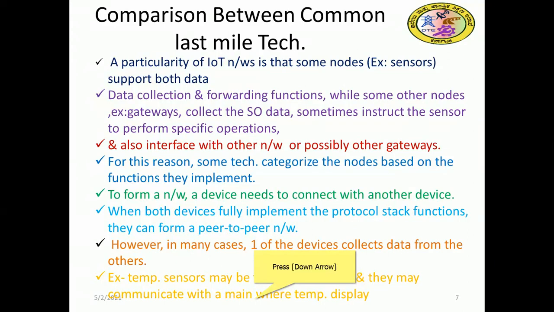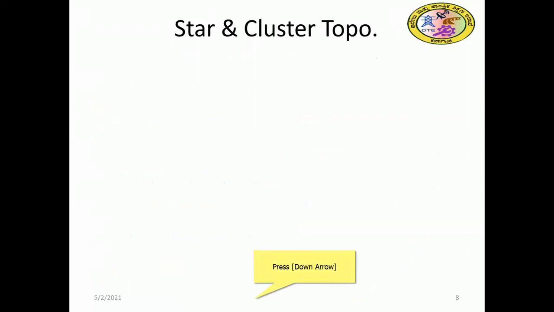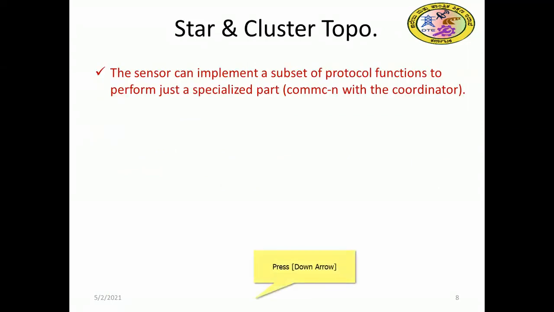So from each room to the point where the display of that particular data happens, there is an interaction. Multiple room temperature sensors will talk to the server where that data is going to be displayed. So that is actually what is going to be stressed here, right? So star and cluster topology.